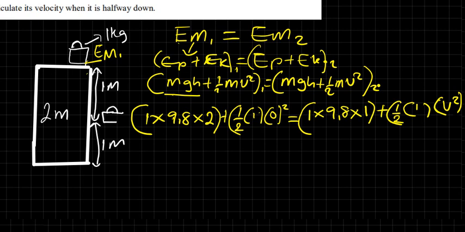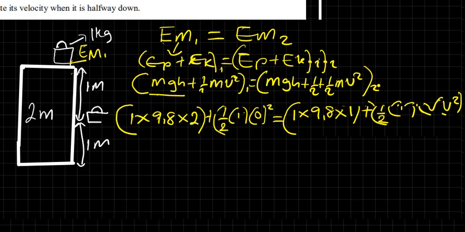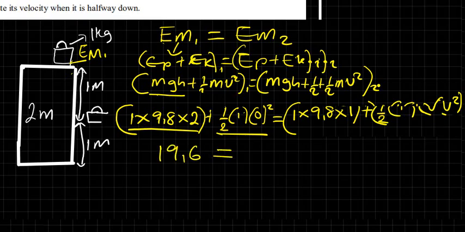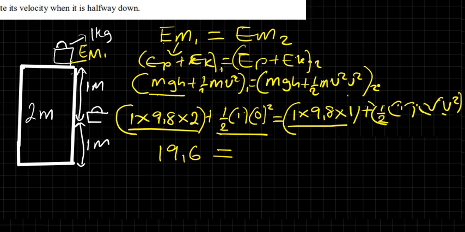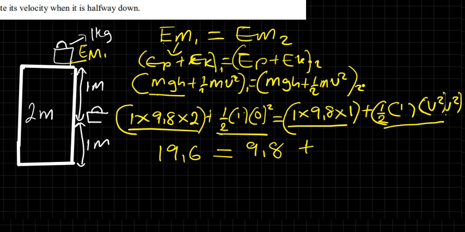So everything here at this point gives me 0. If I multiply whatever I have in this bracket, I'm going to get 19.6, equal to 9.8 from the other bracket, and half v squared from this term.